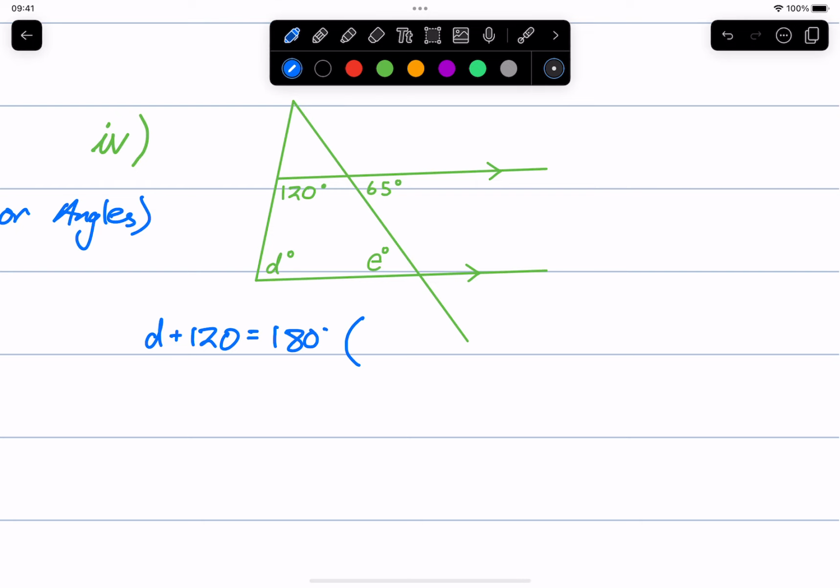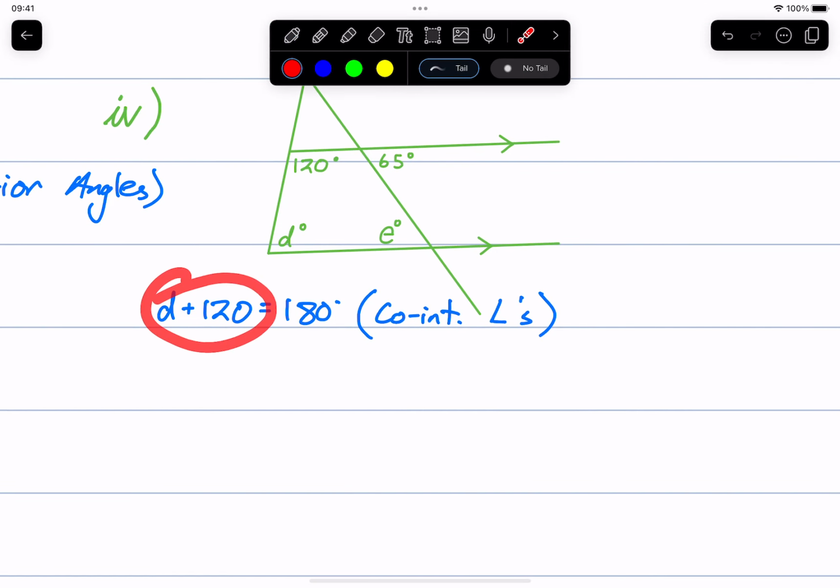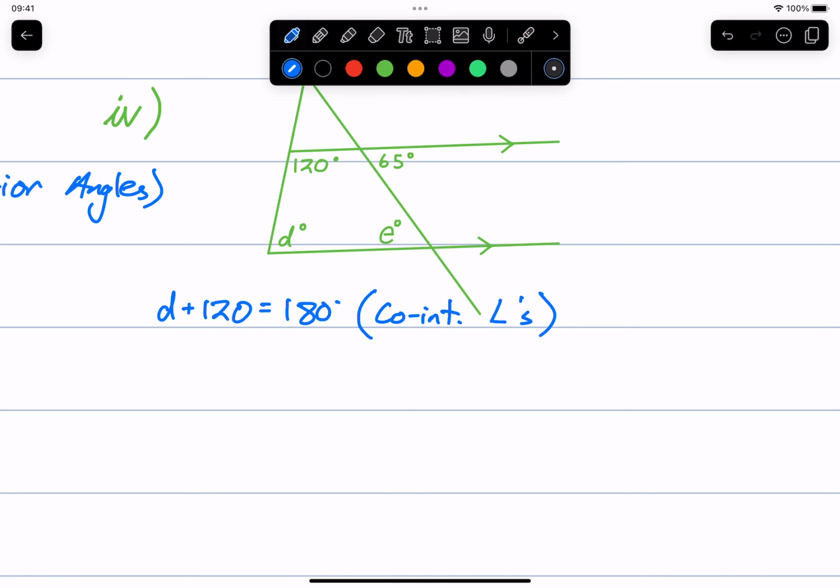Now here's the short way of writing it. It's just co-interior angles. And from that, we just need to figure out the missing value of D here. Well, we can see 60 plus 120 is 180. So D must equal 60 degrees.